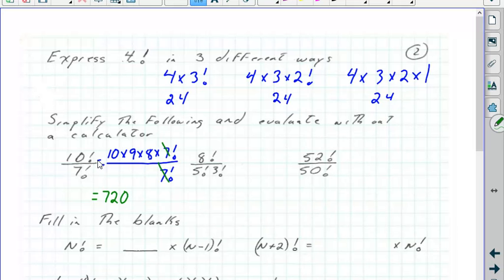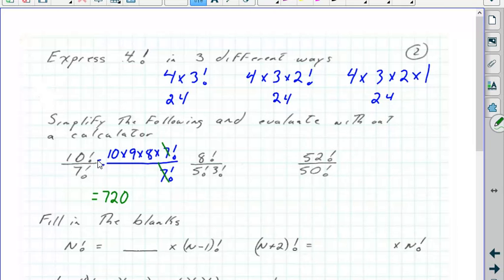It gets big very, very quickly. Actually, it gets bigger than anything else, even exponential. 2 to the power of 10 is only 1,024.